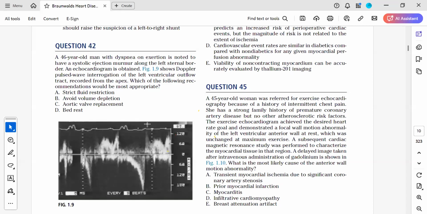If it is increasing preload, then it's going to reduce the LVOT obstruction, and therefore the murmur intensity will reduce. However, if it's decreasing preload, then it's going to increase the risk of the LVOT obstruction and so accentuate the murmur. Whereas increased afterload keeps the LVOT open and decreases the risk of the LVOT obstruction, thereby reducing the intensity of the murmur and enhancing flow. So you can look at it in that context when it comes to the maneuvers.